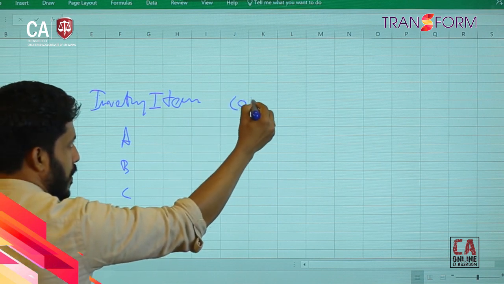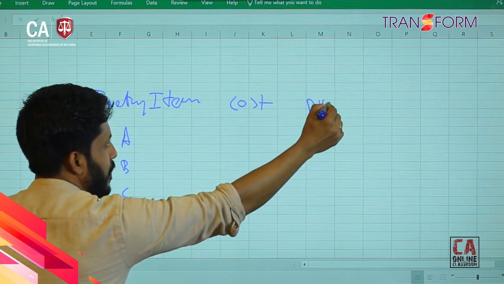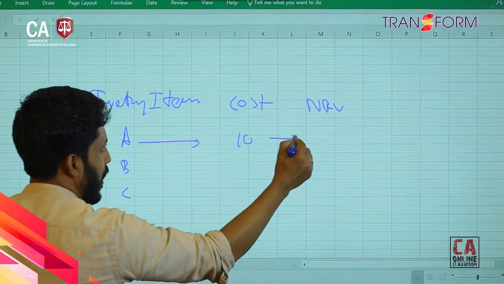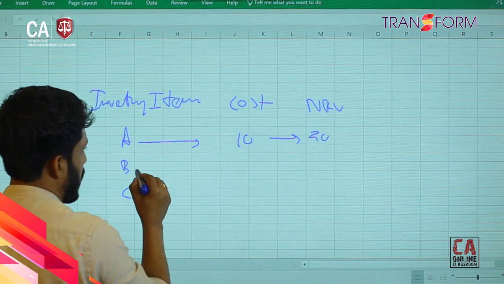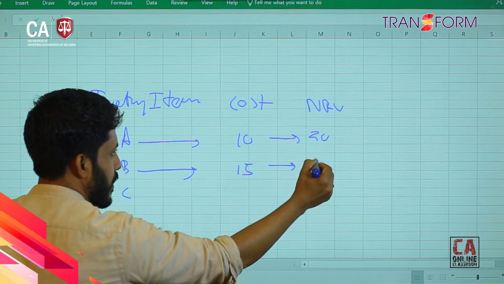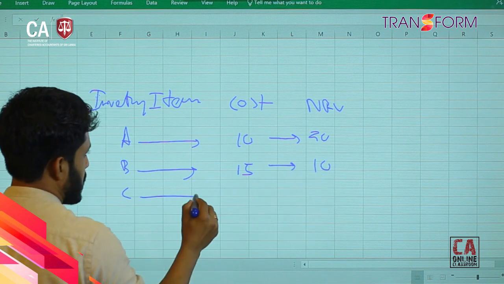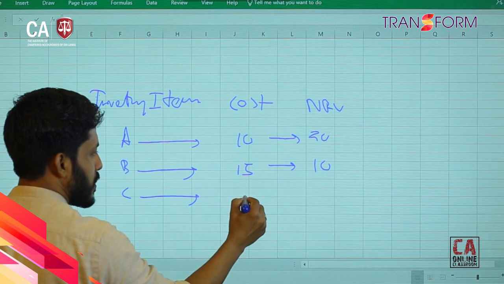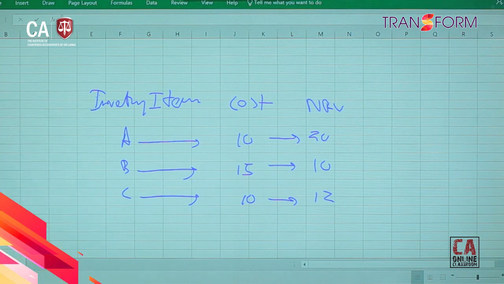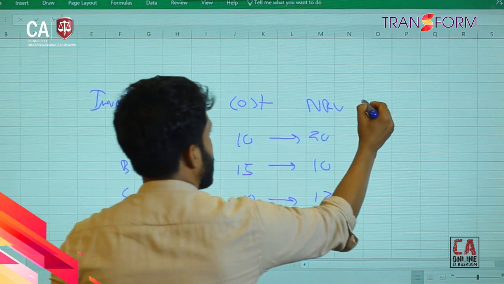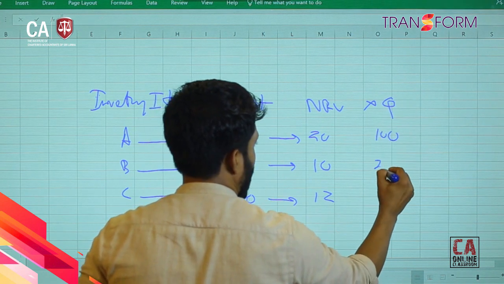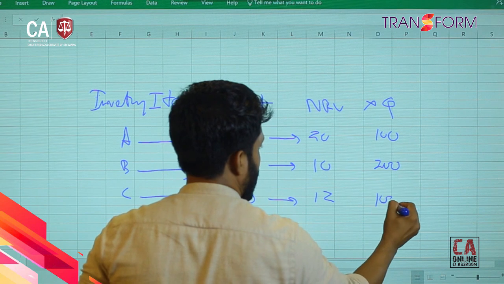Cost and NRV. A cost 10, NRV 20, B cost 15, NRV 10, C cost 10, NRV 12, right? So here we have the quantity. Here we have 100 items, here we have 200 items, again we have 100 items.